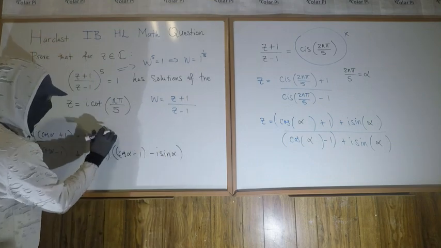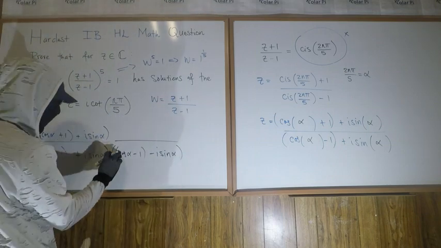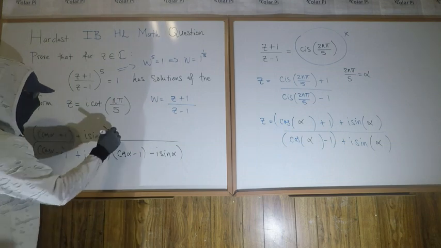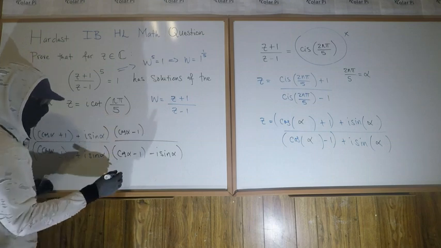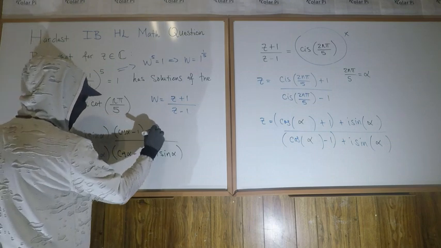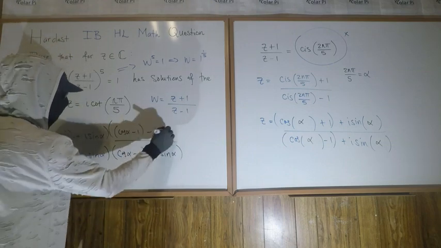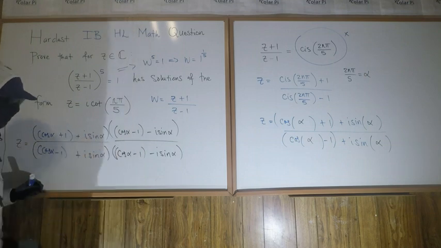Okay, cool. And then we're going to multiply by this in the numerator also. So this is cos alpha minus 1, and so that's going to be cos alpha minus 1 and then minus i sine alpha, right?